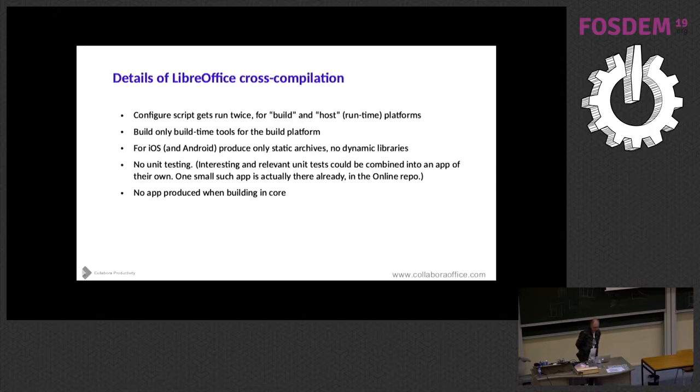And we actually have one very small such app already in the online repo. The core repository doesn't contain any app source code at the moment. Well, there is Jan Iversen's LibreOffice Lite still, but it's not built normally.